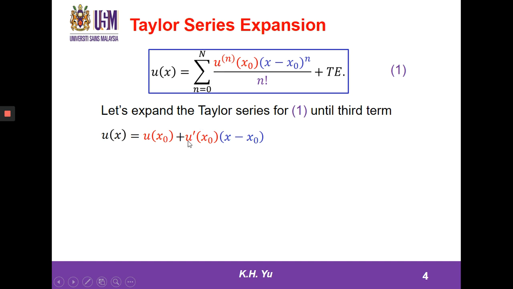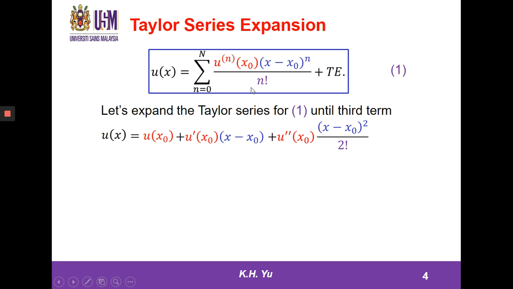So u1 over here is the first order derivative of the function u at x0. u prime over here indicates the first order derivative. Multiplied with (x minus x0) to the power of 1 over 1 factorial. So the second term is u prime at x0 multiplied with (x minus x0).